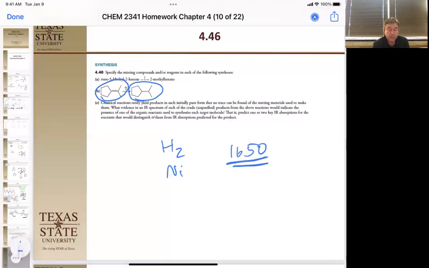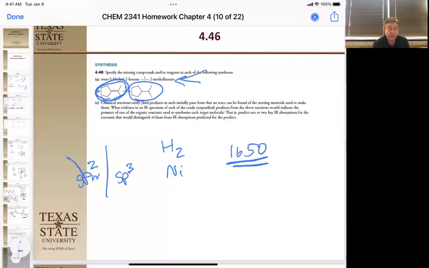And we'd also, on this one right here, we wouldn't have any hydrogens above 3000, but on this compound here, we would have a couple sp2 hydrogens above 3,000, everything else would be below 3,000 in the starting material.